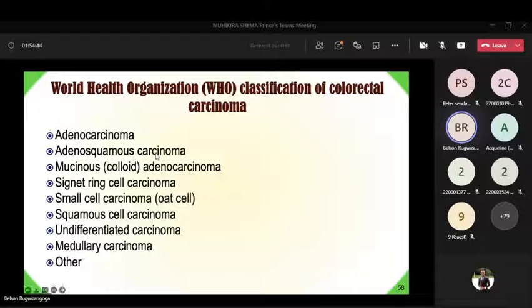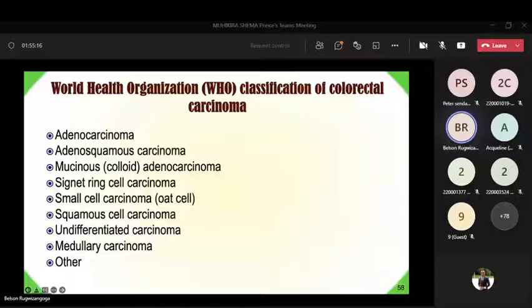So under carcinoma, you have adenocarcinoma. Adenosquamous may happen, especially in the rectum, because the rectum has a glandular mucosa, but it is very close to the anus, which has squamous cell epithelium. We have mucinous adenocarcinoma, which I was explaining. We see it in very young patients in Rwanda, and we saw this in other countries such as Tanzania also.